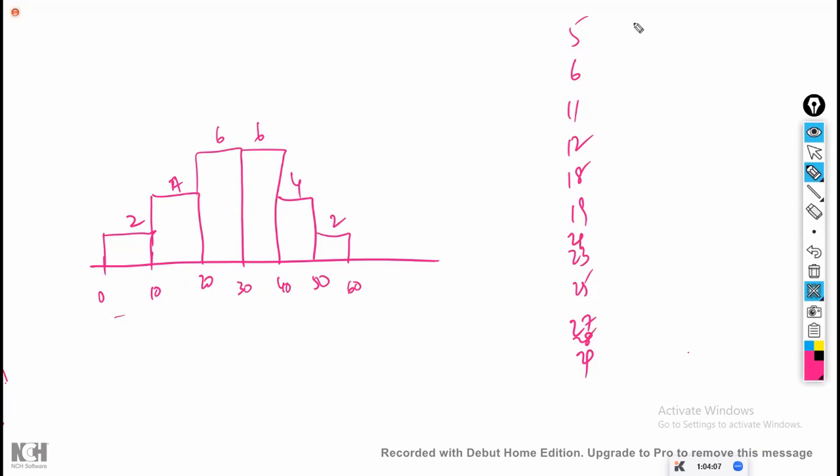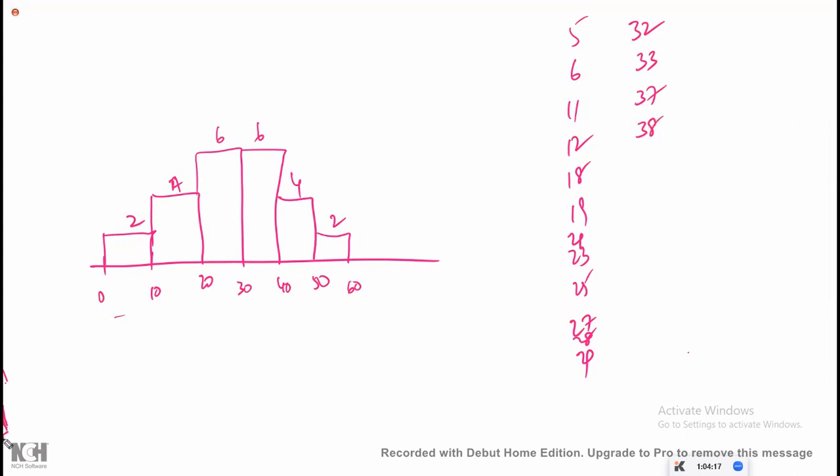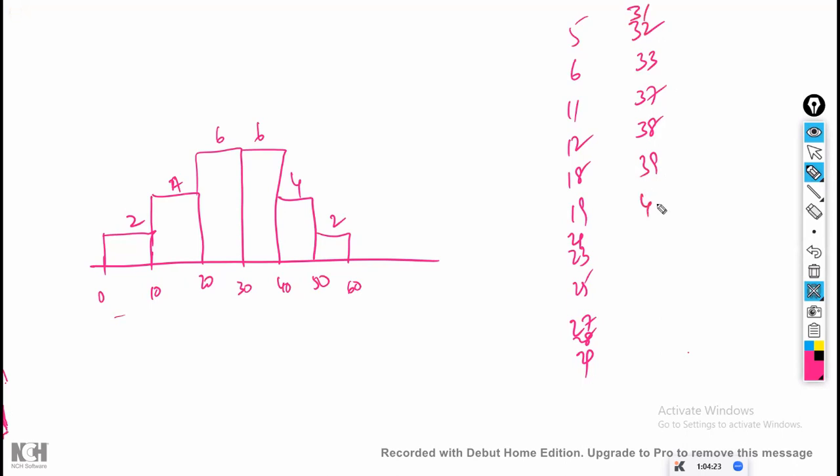From 30 to 40, six values. Six values. 41, 42, 43, 44, four values, 51, 52, two values, right?